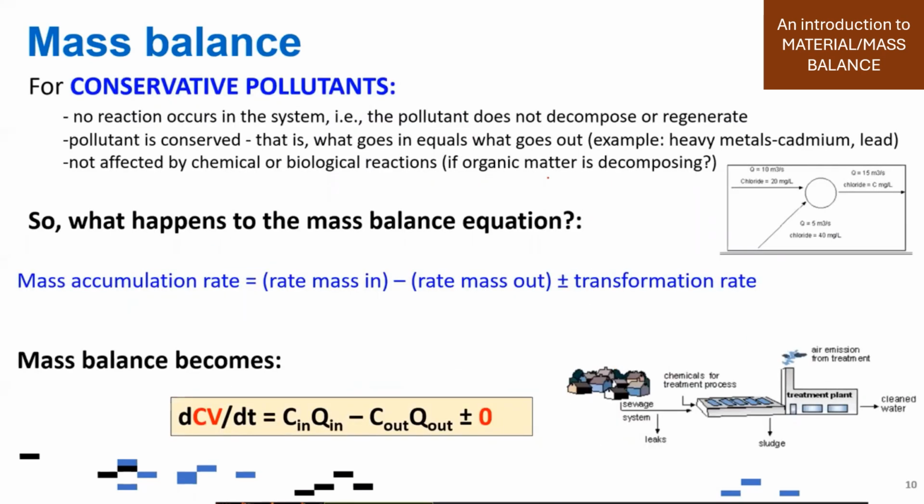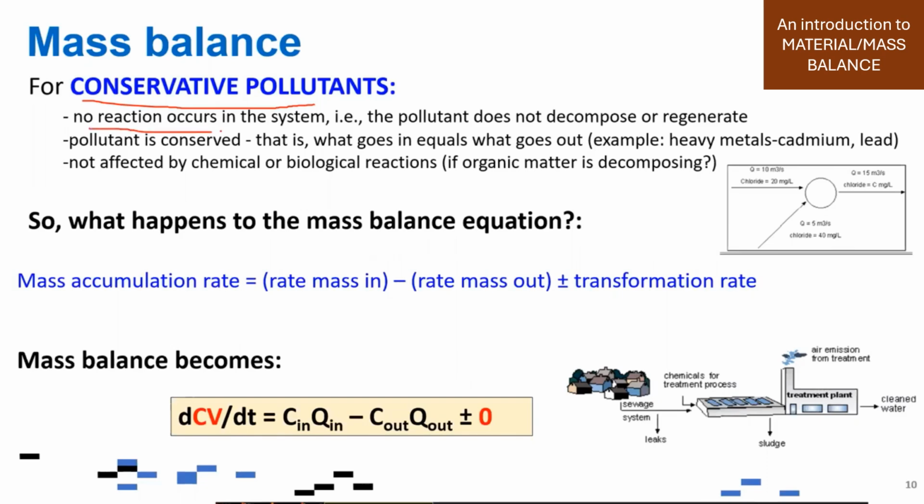When we talk about mass balances, we talk about various pollutants as well, as I mentioned. One good assumption is to use what are called conservative pollutants. These make solving a problem easier, because this refers to a system or pollutants that have no reaction occurring in the system.